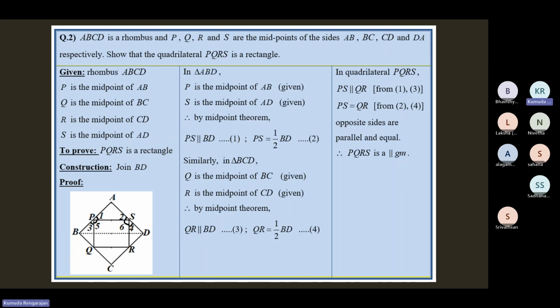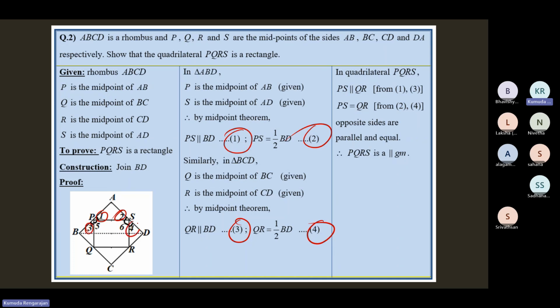Can we move to the next slide, children? Please respond. Yes, ma'am. Okay, children, don't get confused with this 1, 2, 3, 4 and this 1, 2, 3, 4.